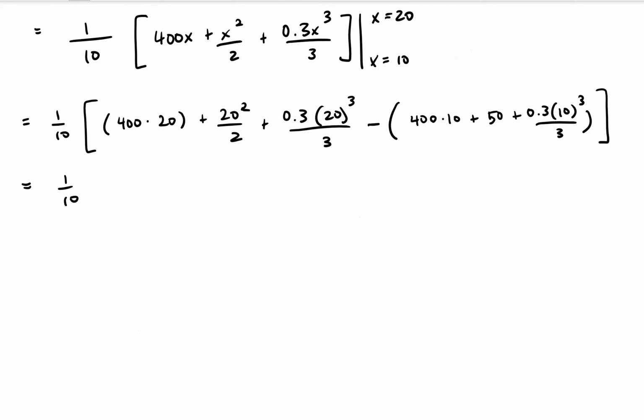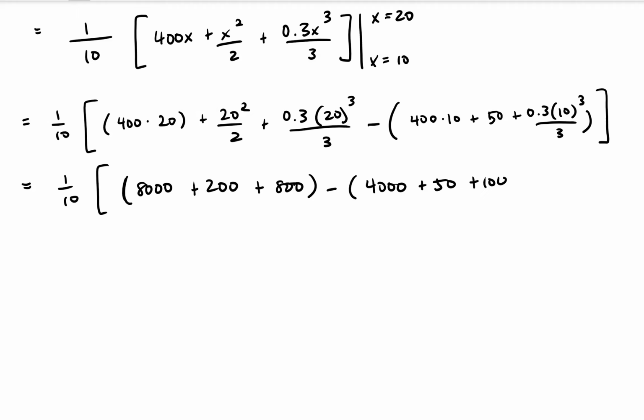And that's going to simplify to 1/10 times 8,000 plus 200 plus 800 minus the quantity 4,000 plus 50 plus 100. And then if you simplify that, it becomes $485.